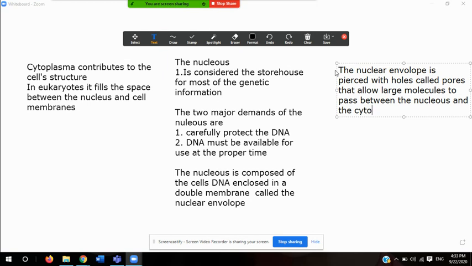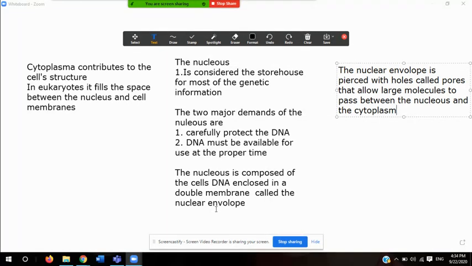So let's sum it up real quick. We have the cytoplasm, which in eukaryotic cells fills the space between the nucleus and the cell membrane. We talked about the nucleus, the storehouse for most of the genetic information. The nucleus has two demands: it carefully protects the DNA, and the DNA must be available for use at the proper time.